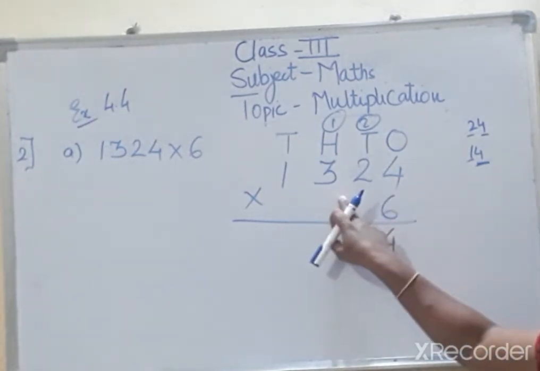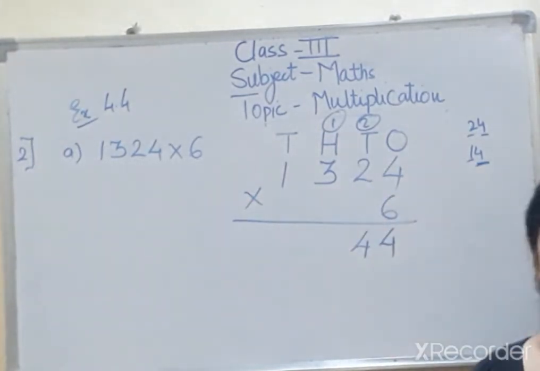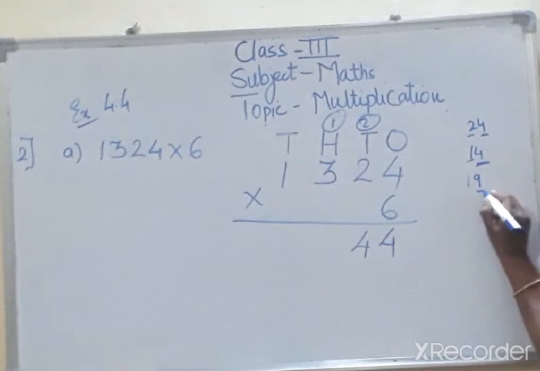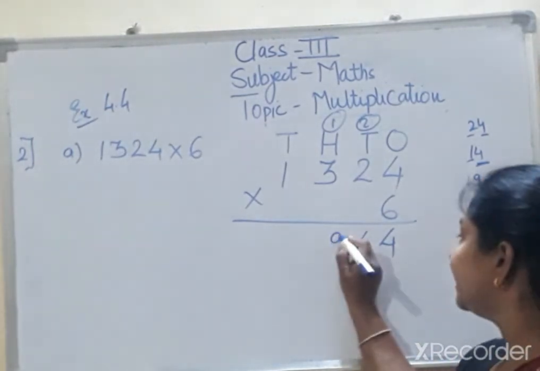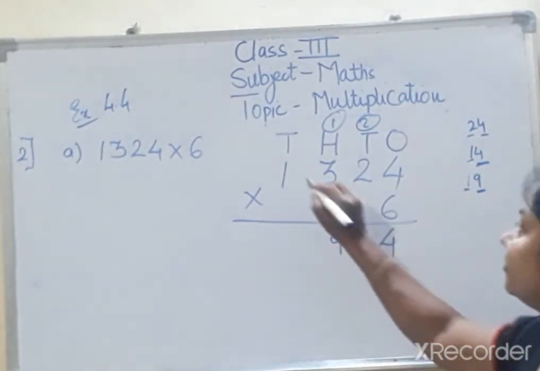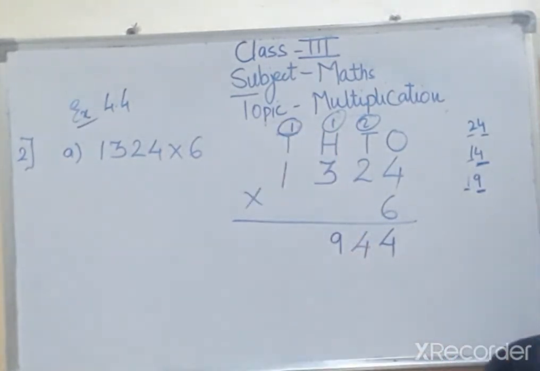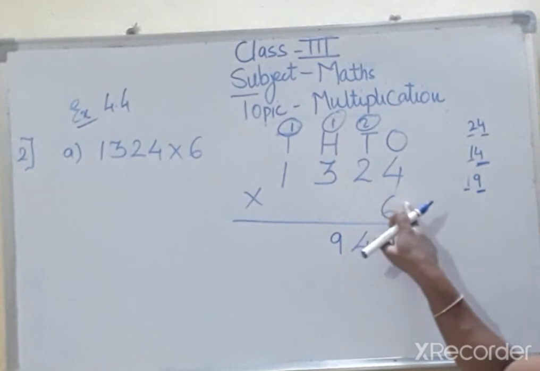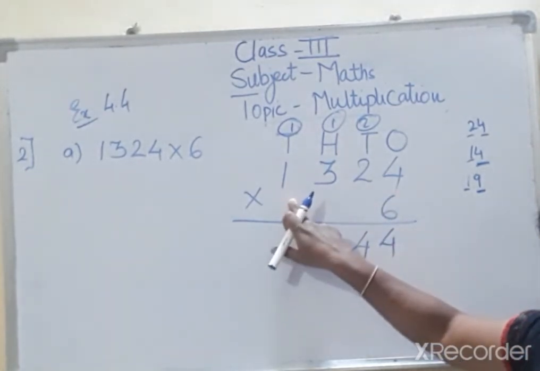Next, multiply the hundreds. 6 threes are 18. 18 plus 1, 19. It is 19. So 19, 9 will be written down here and 1 will be carried to the thousands column. Then multiply the thousands. 6 ones are 6.